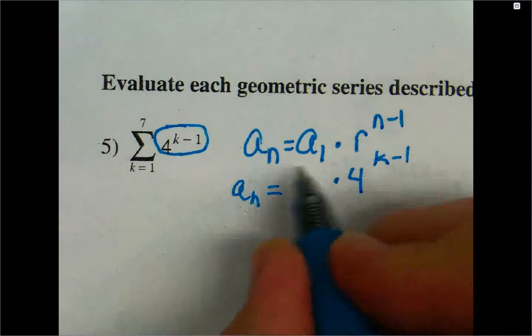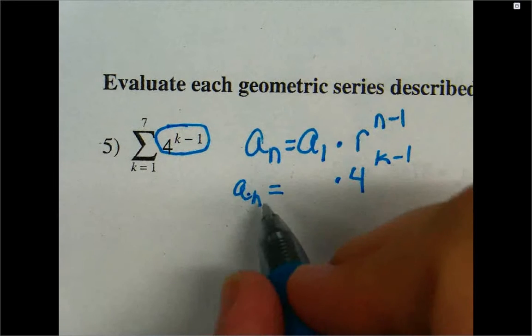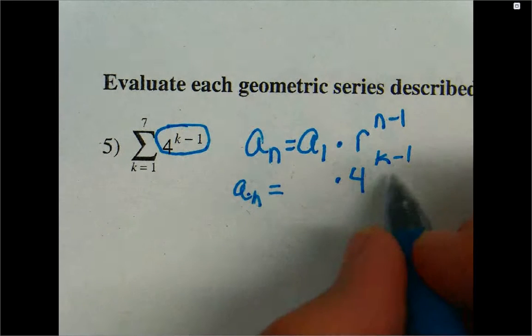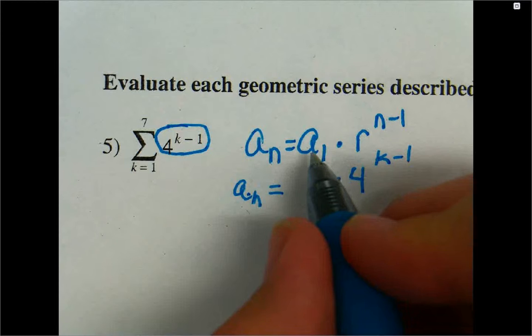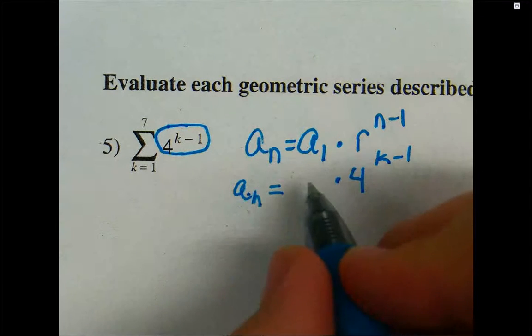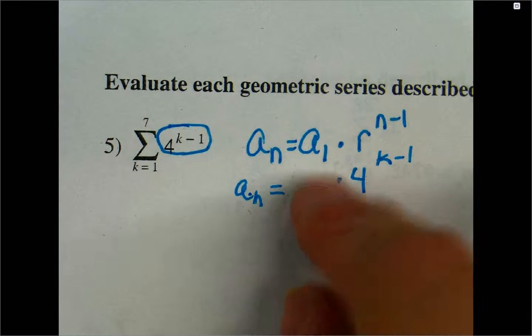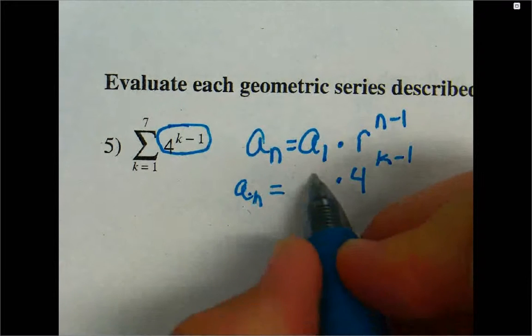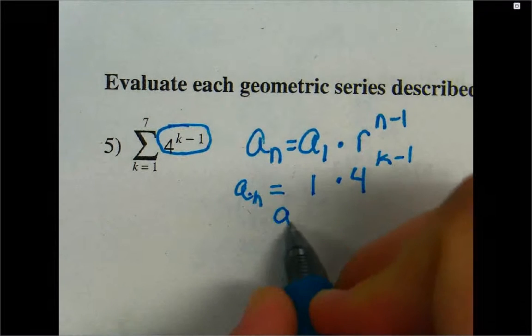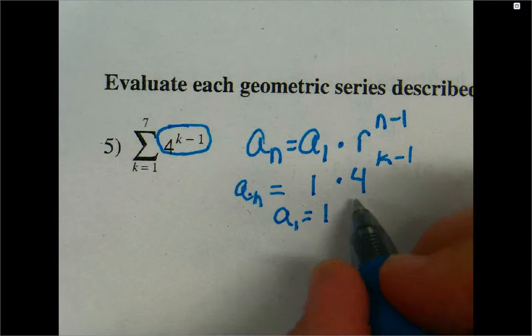Well, the general formula for this is a sub n is going to be this. Now, what would be the first term? What number can I multiply by that 4 to the k minus 1 that won't change it? 1. So the first a is 1. The r is 4.